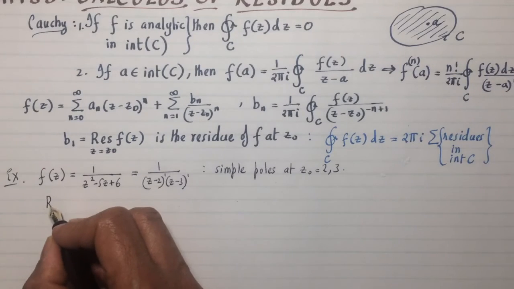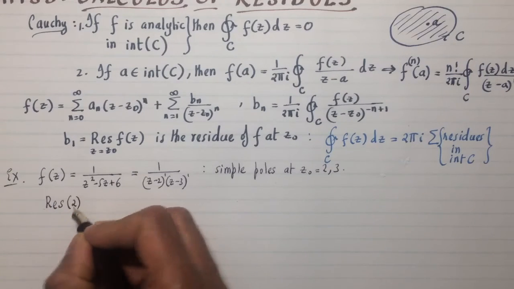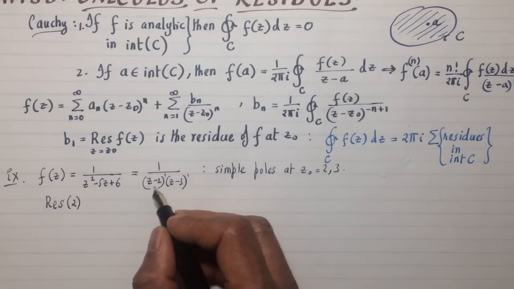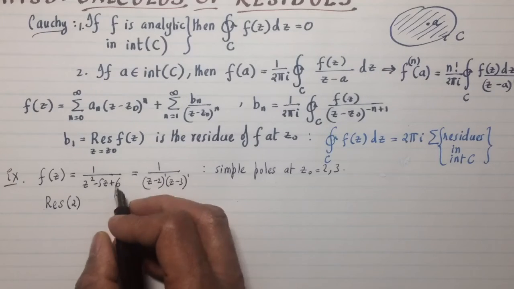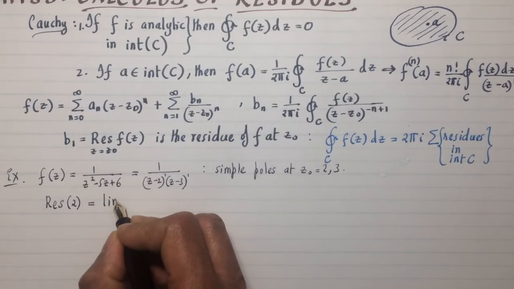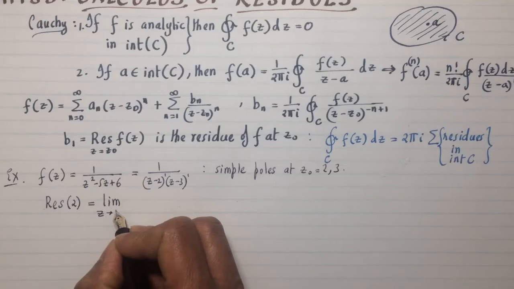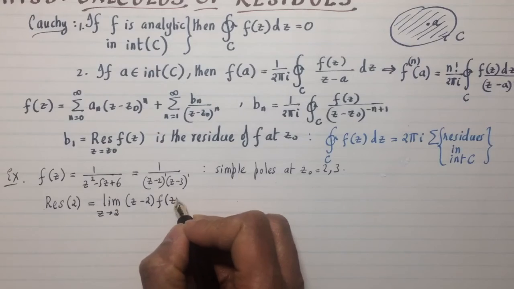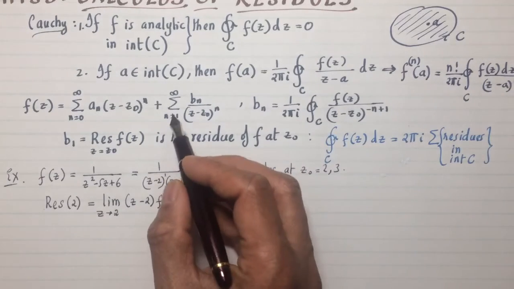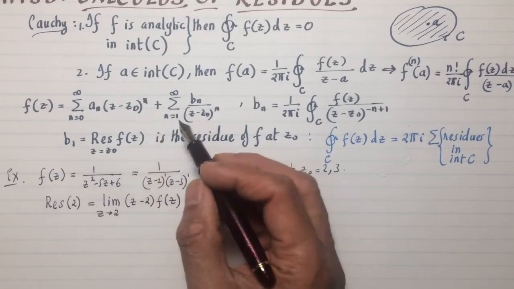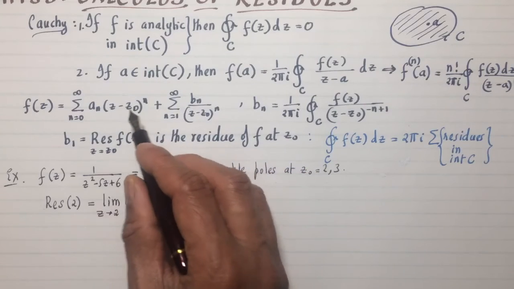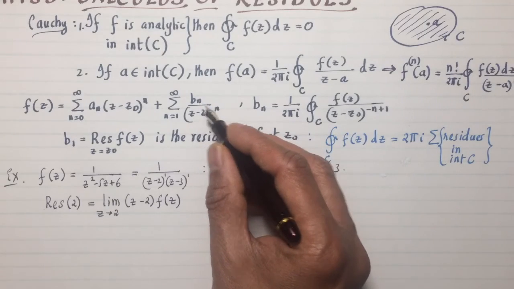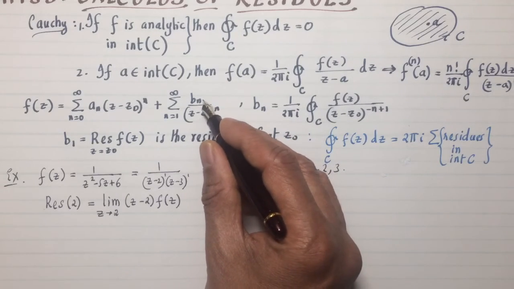The residue can be found by simply multiplying by the corresponding pole structure and taking the limit. So this is going to be the limit as z goes to 2 of (z minus 2) times f of z. Because if you look at this Laurent expansion, if you multiply both sides by z minus 2 and take z to 2, all these a naughts will be gone, and then all these will be gone except for b_1.